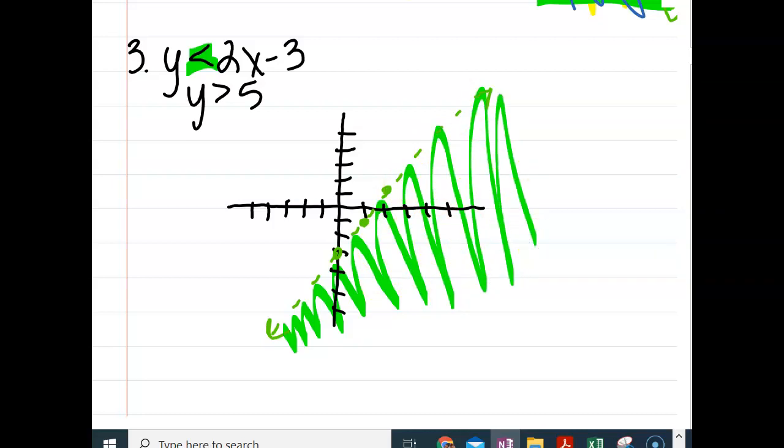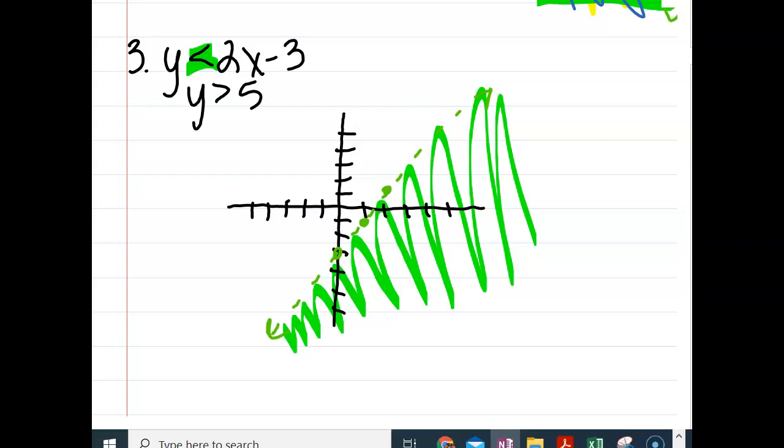Now the second one's also in y equals. What do you notice about the second line? It is greater than. What do you notice about this one? It doesn't have an x. It is a y only line, right?